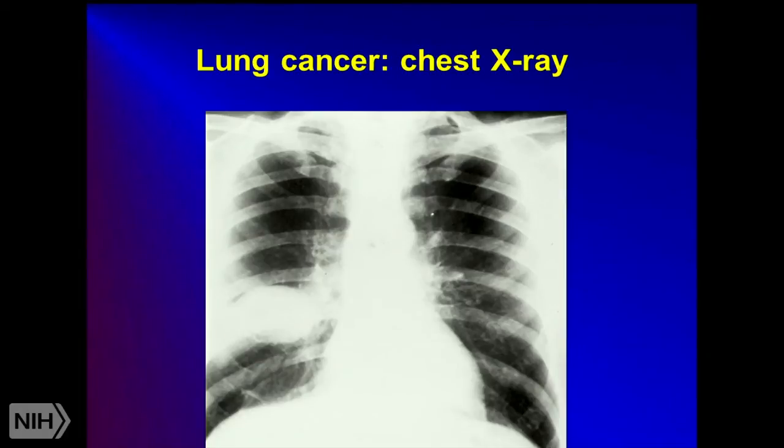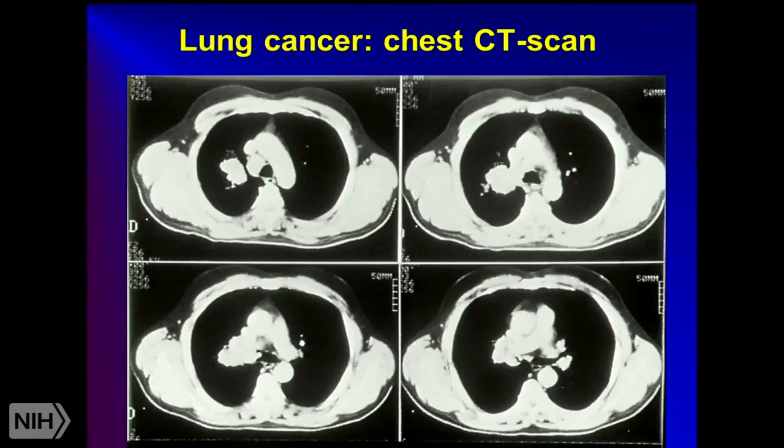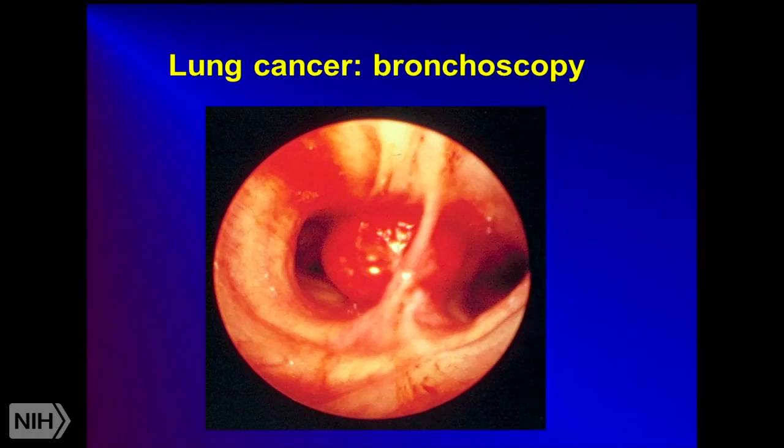You see the ribs. And using a CT scan, you see abnormalities of growth. These are tumors. And using a bronchoscopy, you can see a protuberance in the lung, in the throat.